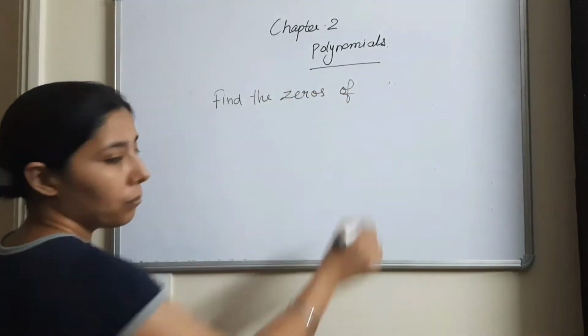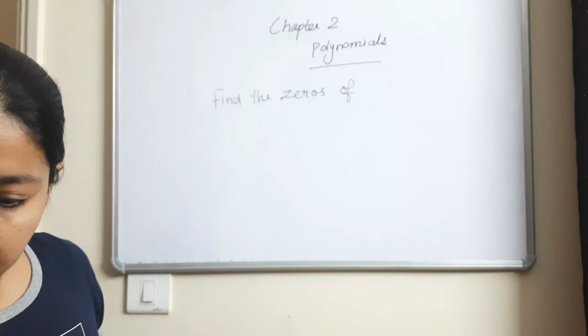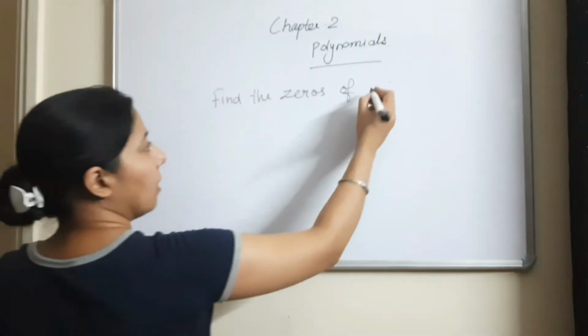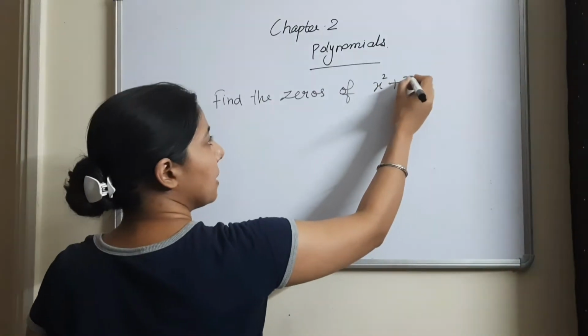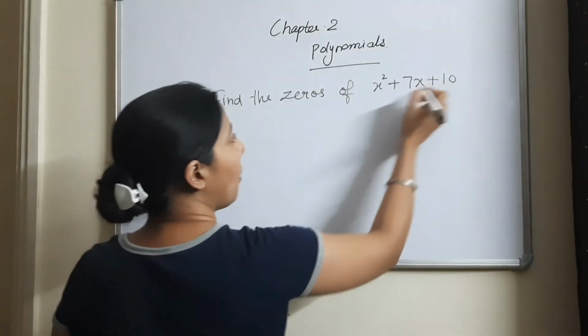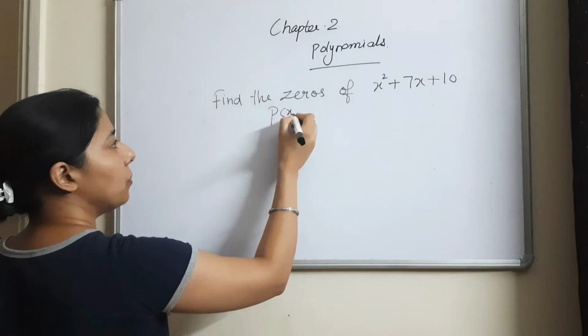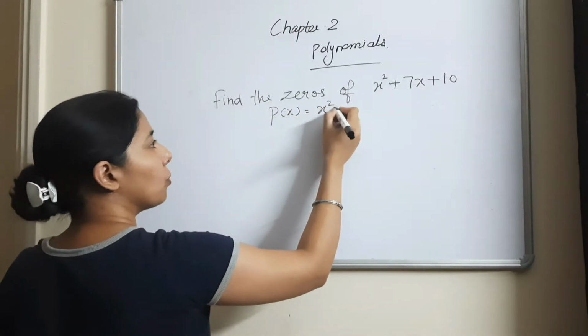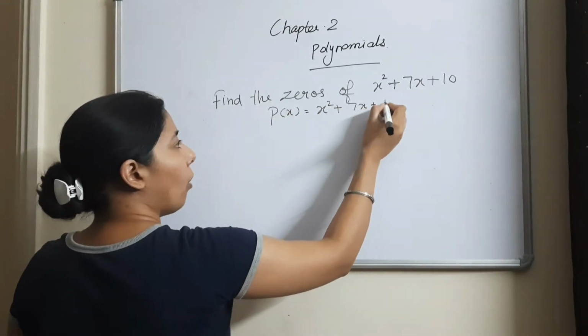Find the zeros of x square plus 7x plus 10. This is a polynomial in x, so first of all write it this way. Now what will we be using?